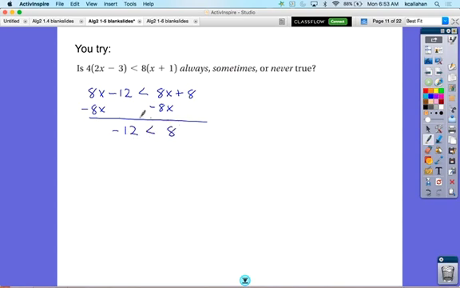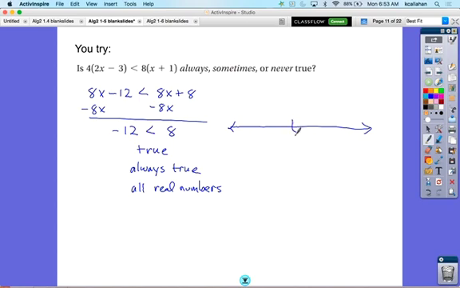So this statement is true. So it's always true. So the solution is all real numbers. Which, by the way, if you had to show on a graph, you would just graph the whole number line.